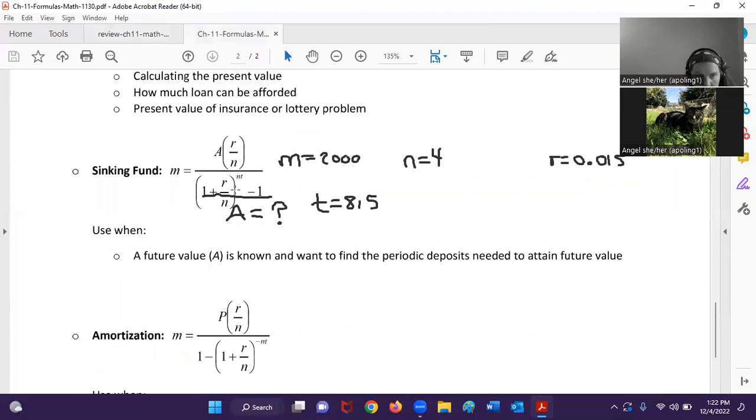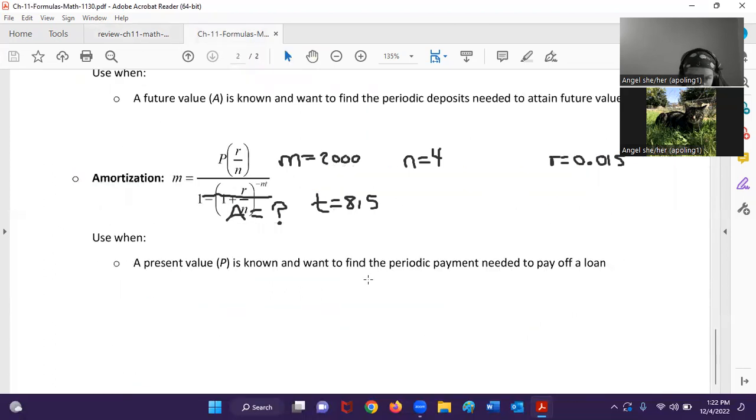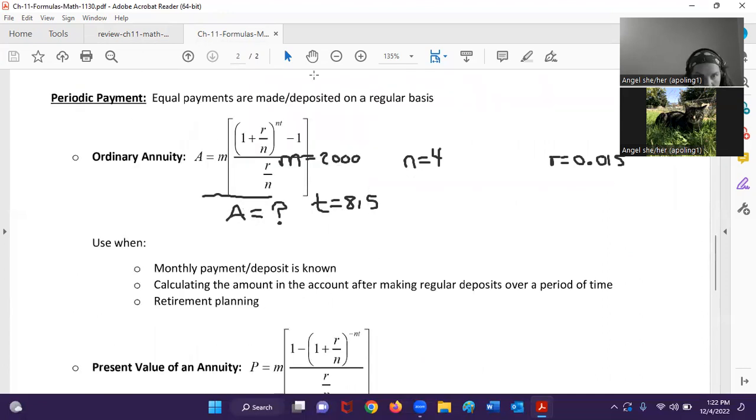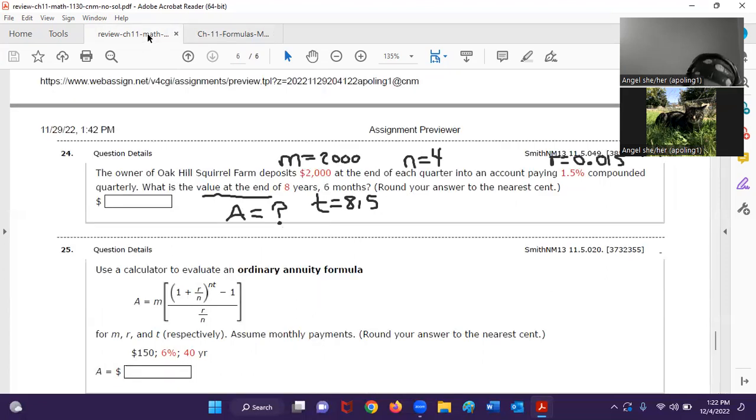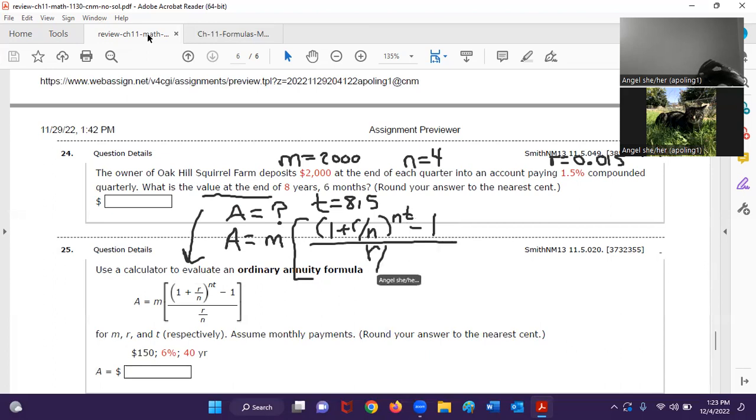So we need to go look for finding A when given M. So an ordinary annuity equation it is. Okay, so hey, look, that's the same formula right there. So we'll just use that formula twice and then we'll be done. Okay, so that formula is over R we're in.